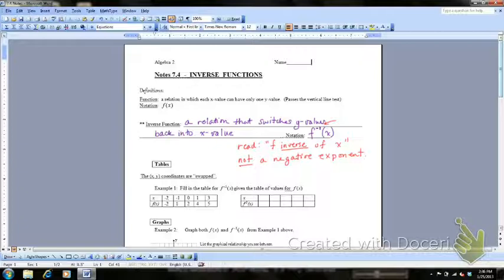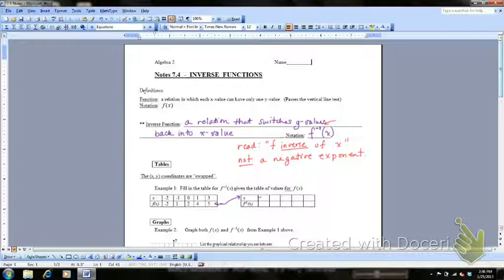Alright, so first we're going to look at tables, and we've got a table here for the f function on the left that has inputs and outputs, x's and y's, or x's and f of x's. And to create an inverse for it, all we're going to do is swap the position of the x's and y's. So the row over here that are my y values are now going to become my x's in my inverse table.